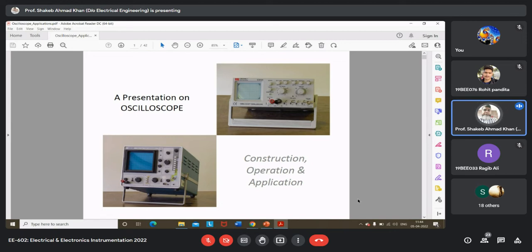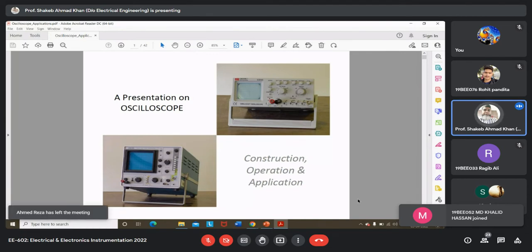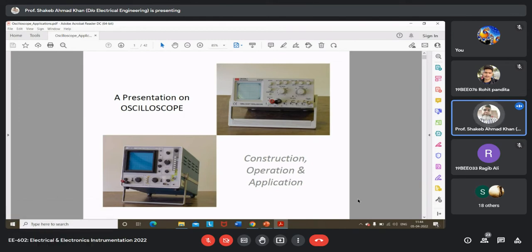So the oscilloscope can display periodic signals faithfully in running mode. And if your signal is not periodic, then stable display is not possible. I am talking about time varying signals. Now, I think it's a very important topic for all of you, and it is very interesting also.